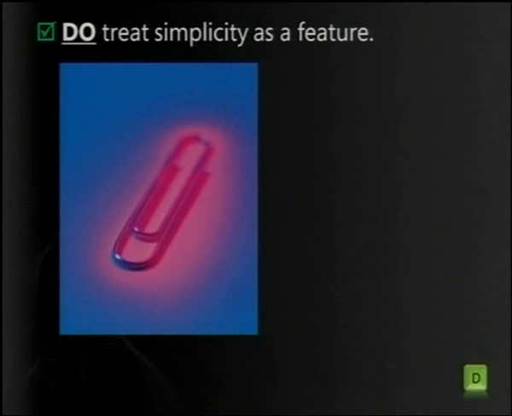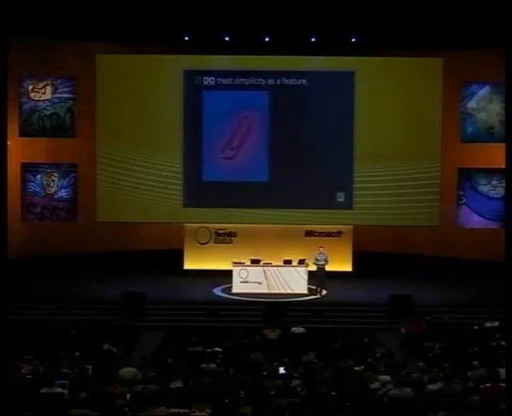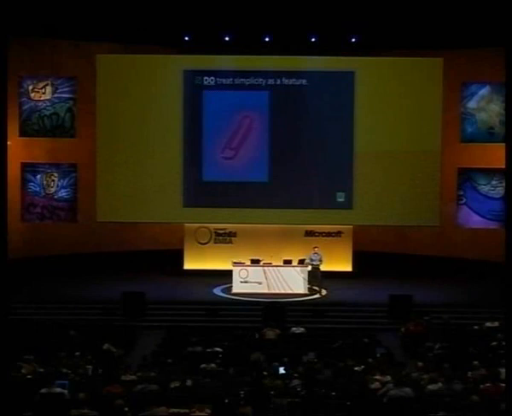What it means is that when we decide between two features, we say, we can only do feature A or feature B. We cannot do both. Well, let's choose feature B. And often, we don't do the same with simplicity. We say, we can design feature A, but it will be very complicated, but that's okay.